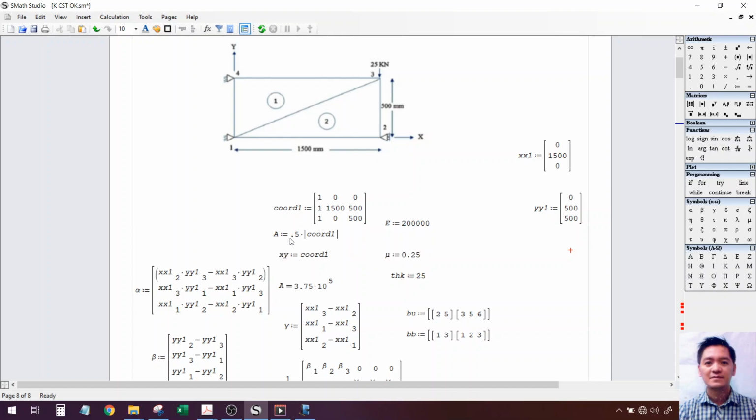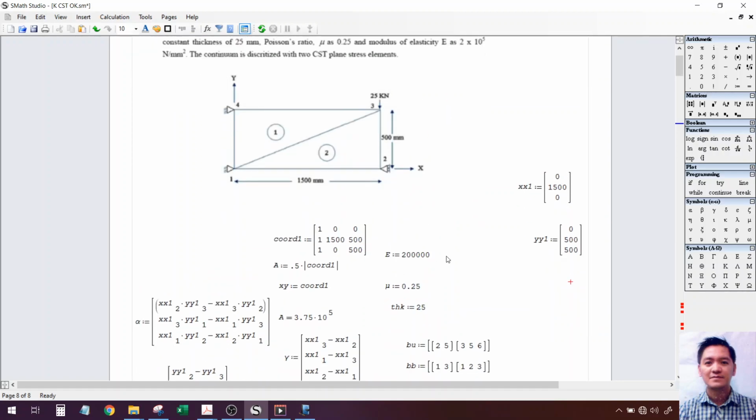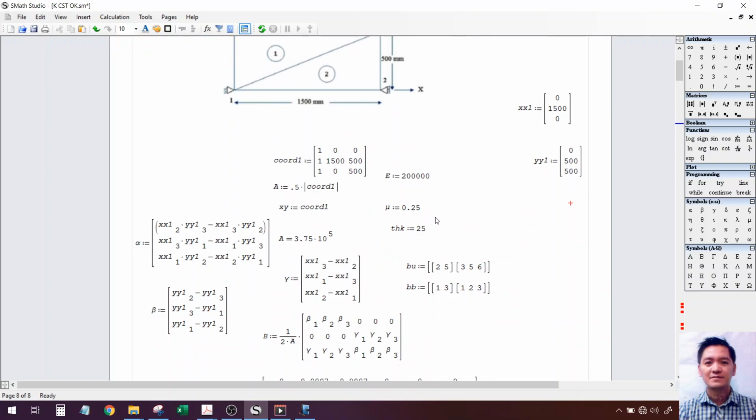What is the area? So, simply get the determinant of this and multiply mo sa 1/2. Yun yung area. And then, E is 200 gigapascal according to our problem. And then, okay, our Poisson's ratio is 0.25 and the thickness is 25 mm.